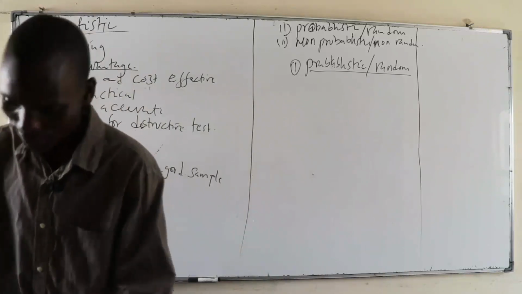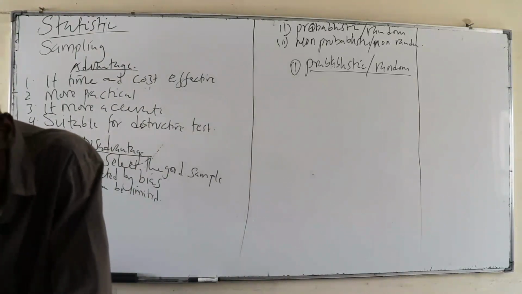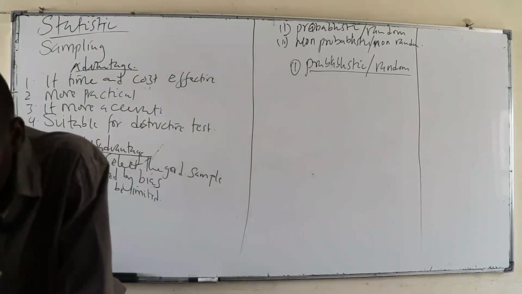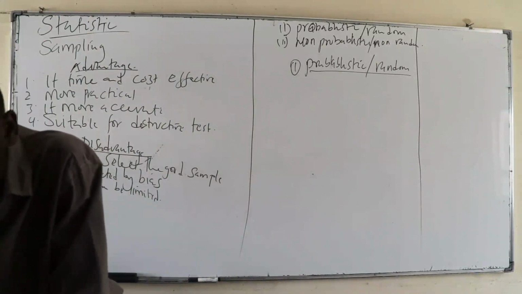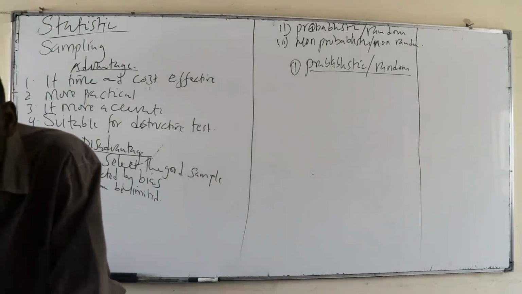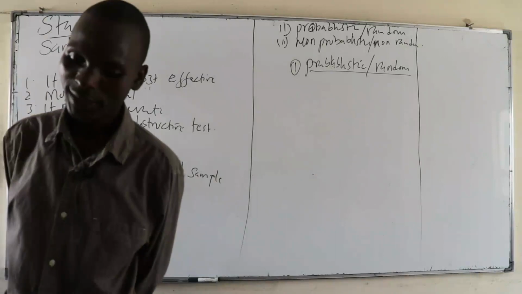These are methods which seek to ensure that every member of the population has an independent and equal chance of being selected.